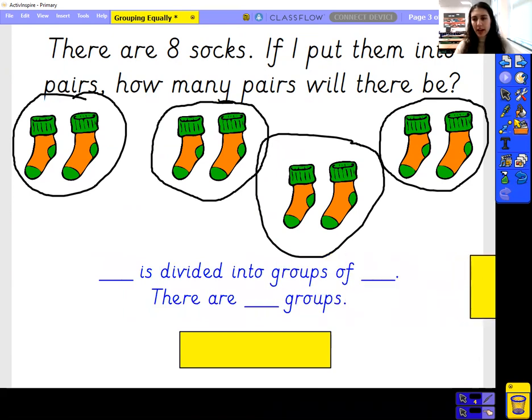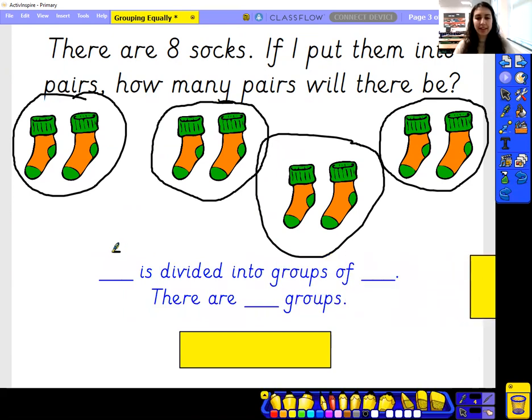So what we're doing here is we're saying 8, the number of objects that we're starting with at the beginning. So we started with 8 socks. 8 is then divided into groups of 2, and I was putting them into groups of 2.